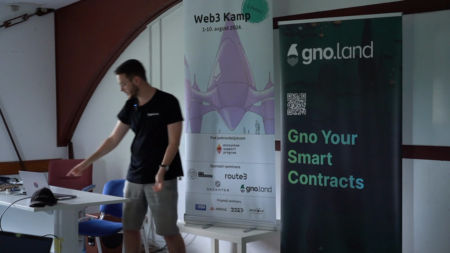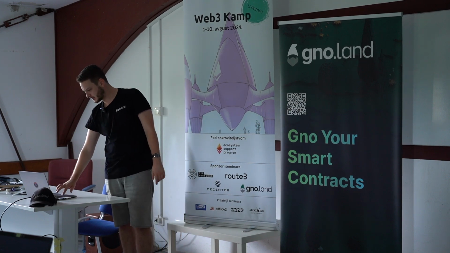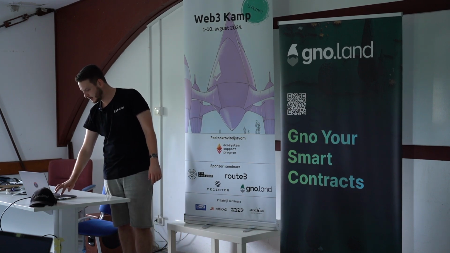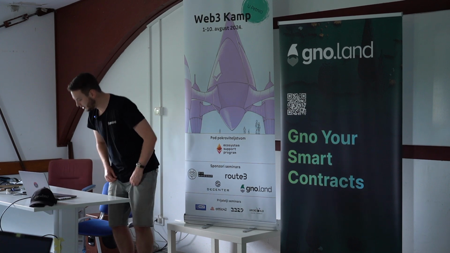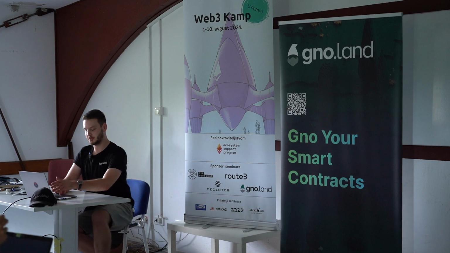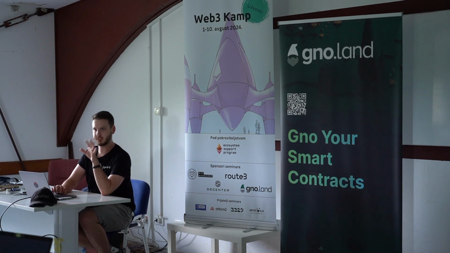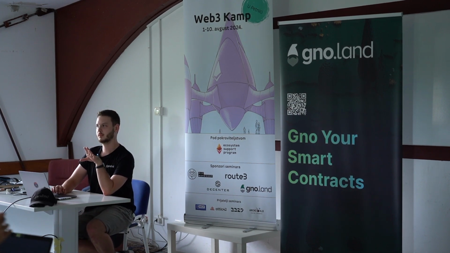If I do this, it's going to say a couple of things. It's going to say, hey, I loaded this path, and I used this address to deploy. Okay? Is this working for everyone, by the way? More or less? Okay, cool.